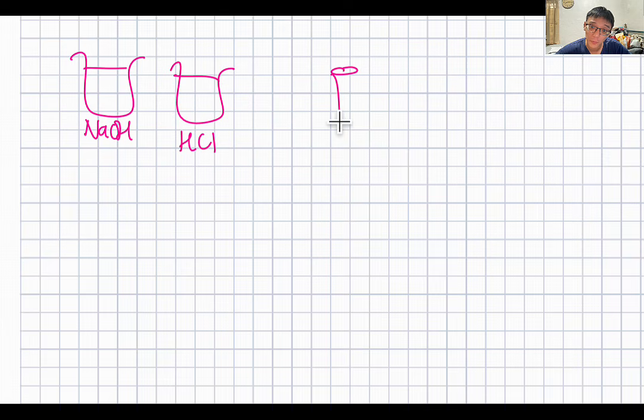We will put one of them in this instrument called a burette. It's with a scale, and then one of them in an Erlenmeyer flask. Usually it depends on the indicator used.